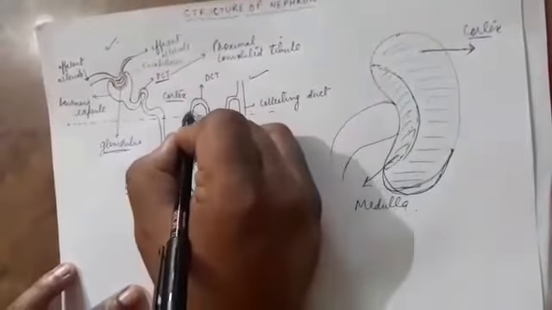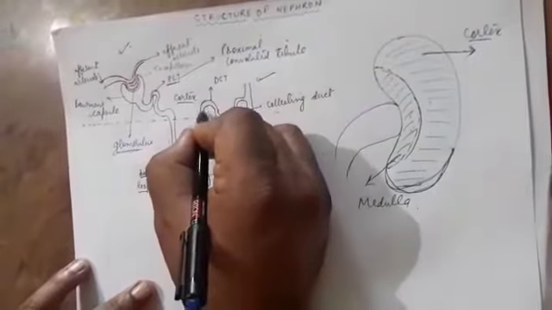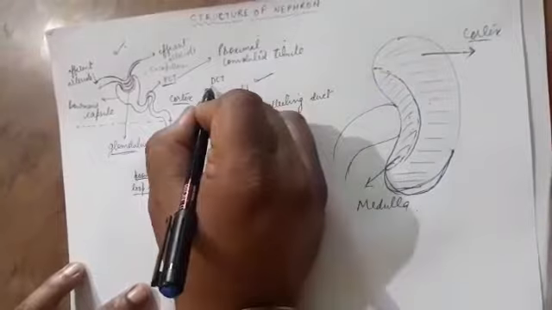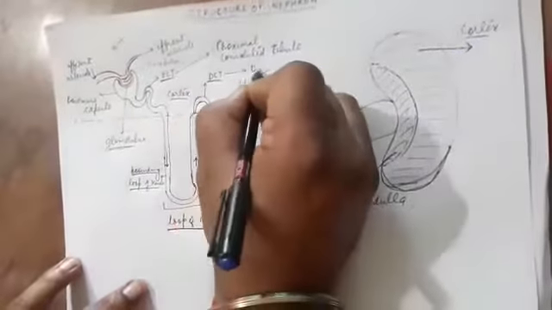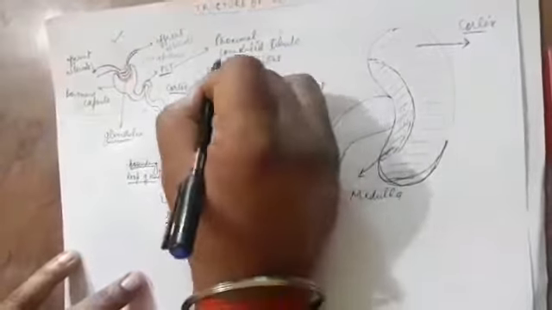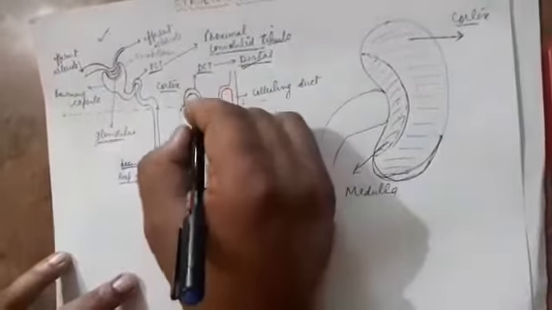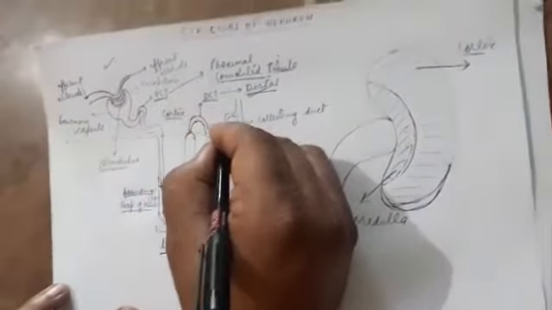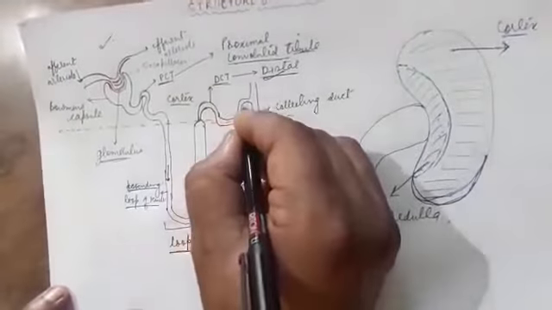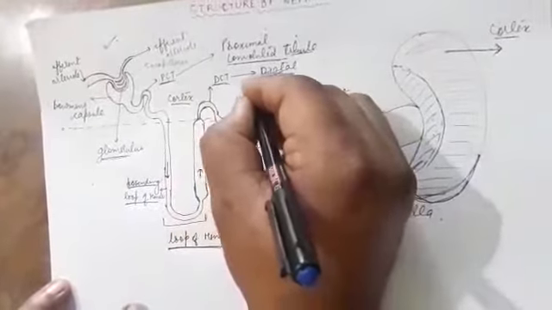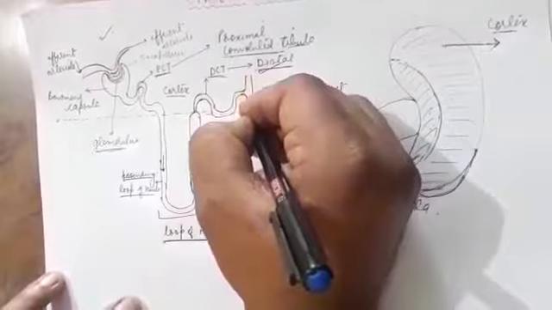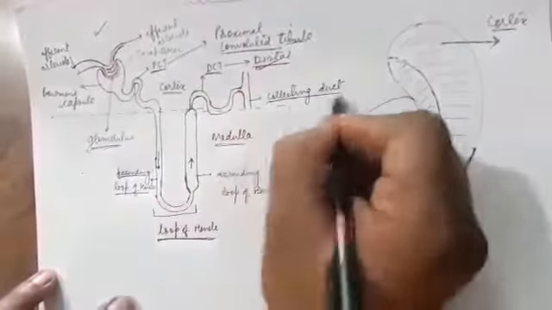So again, this coiled tube, you can see this coiled tube, is called DCT. DCT means distal convoluted tubule. Distal convoluted tubule. Again, the distal convoluted tubule will be ascending, and it will join the pipe like structure which is called the collecting duct.